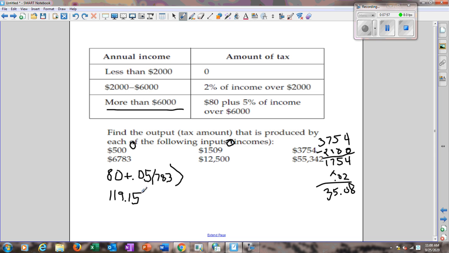Okay, next one is 12,500. In order to do this one, we do 12,500 minus 6,000. That gives us 6,500. Times 0.05 plus 80.